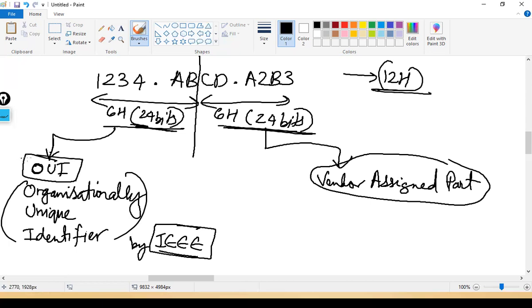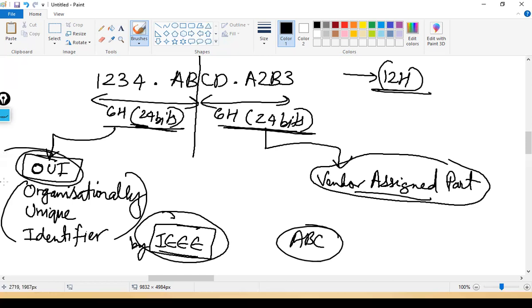OUI, and vendor assigned. Suppose I have a company named ABC Company, where I manufacture computers or NICs or whatever. Then I will approach this IEEE, telling them that I need an OUI value. And they're going to give me an OUI value.